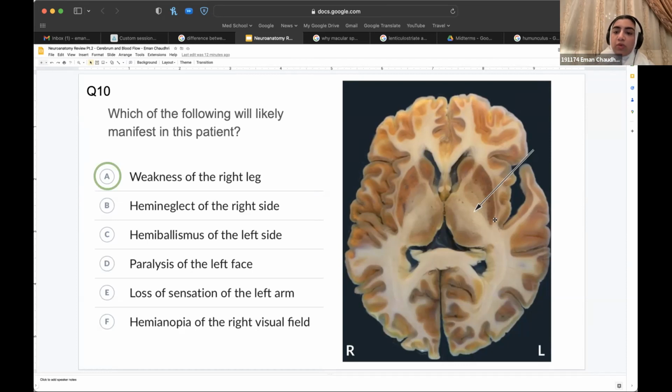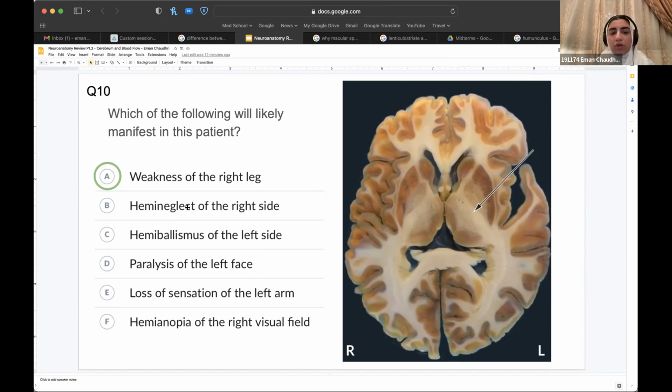So internal capsule, remember the motor fibers are at different parts of the internal capsule. I genuinely forgot exactly, but depending on which part of the internal capsule, it's going to be motor neurons for the upper limb, hand, lower limb, etc. So when you have an infarct in a certain part of the internal capsule only, and this is a more challenging question that I don't think you're going to get specifically, you might get a question in this style where it's very obvious, like, okay, they want you to say a motor deficit.